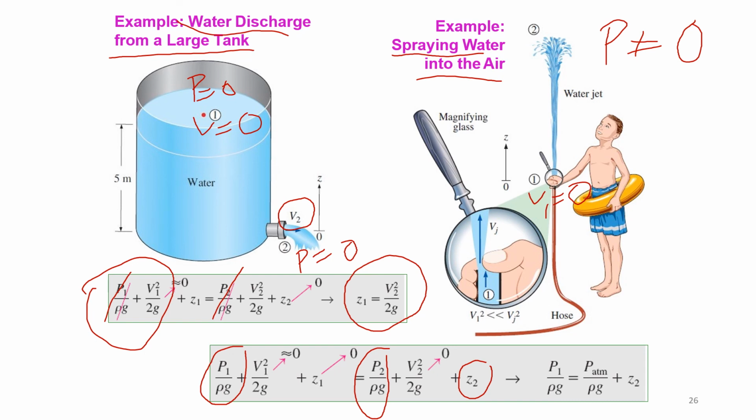Velocity at point 2 is also considered 0 because we are not measuring the velocity for the water jet. So this is the formula that we get after we cancel the zeros. We have pressure at point 1 equals pressure at point 2, which is pressure atmosphere, plus the Z2.